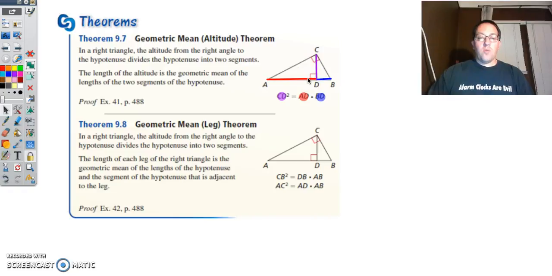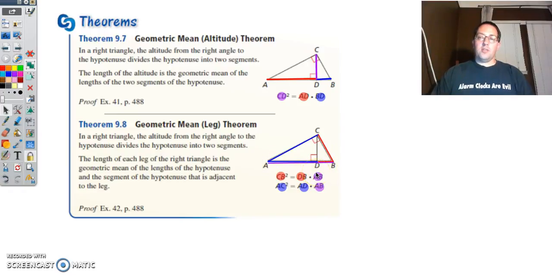What also happens, and is also kind of cool, is that each leg of the original right triangle is the geometric mean of the segment that is adjacent to that leg and the entire length of the hypotenuse. So here, this leg is the geometric mean of this little piece and the entire hypotenuse. And over here, this leg, AC, is the geometric mean of this longer segment and the entire hypotenuse.